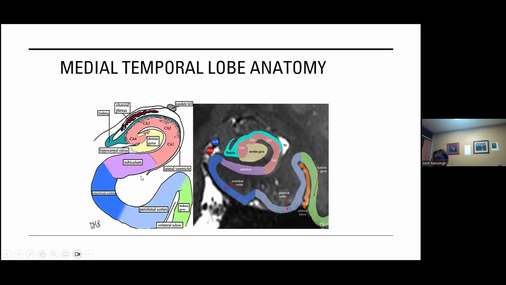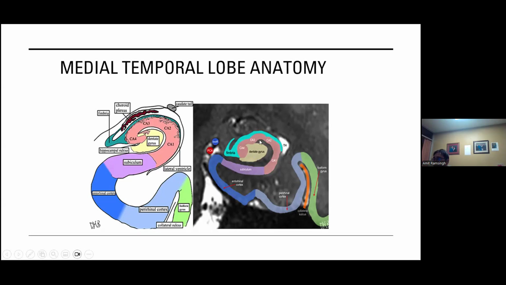So again, you have the fusiform gyrus here, continuing on from the inferior temporal gyrus, the perirhinal cortex, continuing to the entorhinal cortex, and the subiculum. And then you have these areas here, CA1 to 4, right? And this corresponds to the hippocampus.